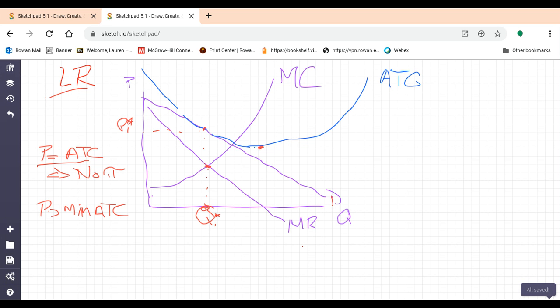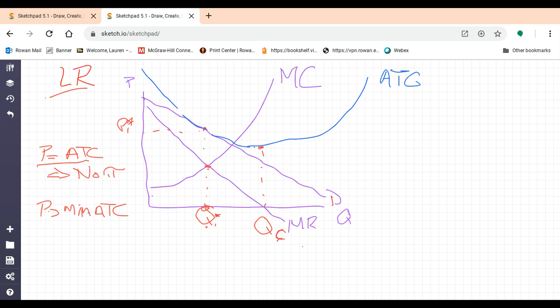So this point here, I'm going to call this quantity that's associated with it QE or QC, how about? Just for something different. This would be the quantity we would produce if we were perfectly competitive. Because we're not, we produce a little bit less, and we're going to charge a higher price as well.